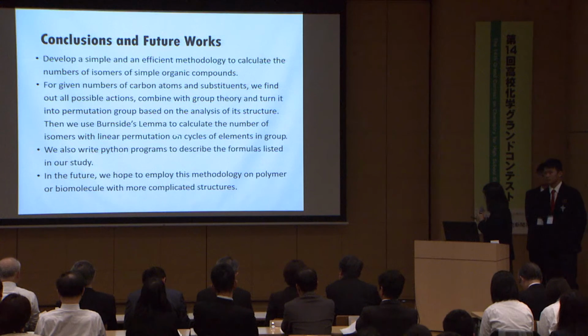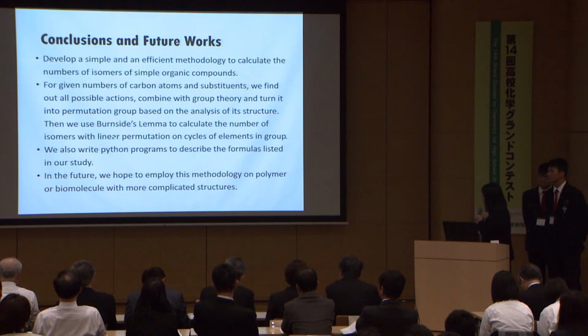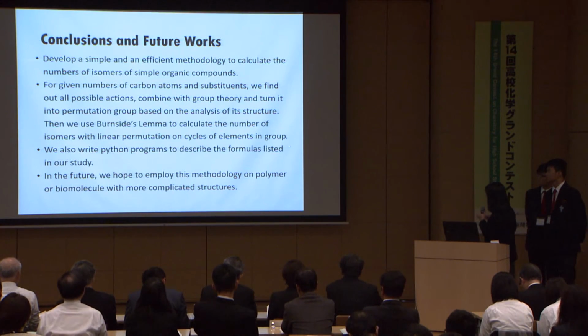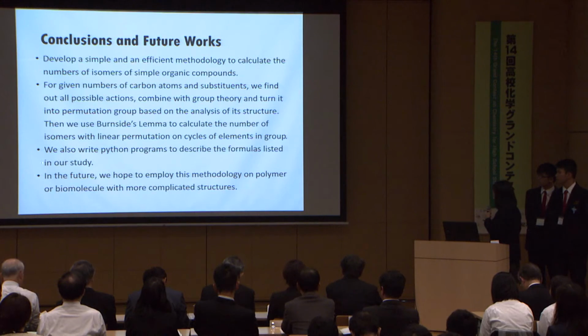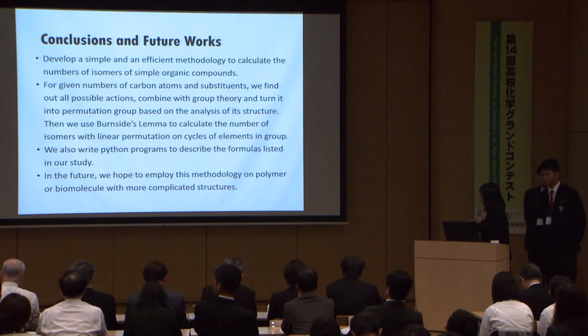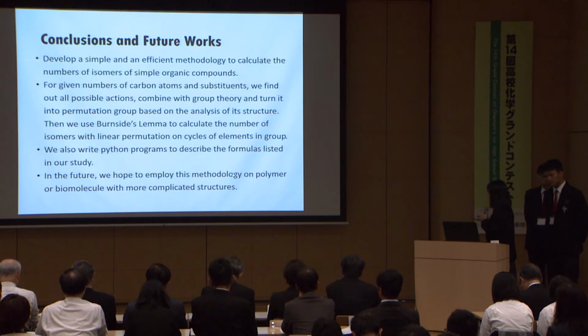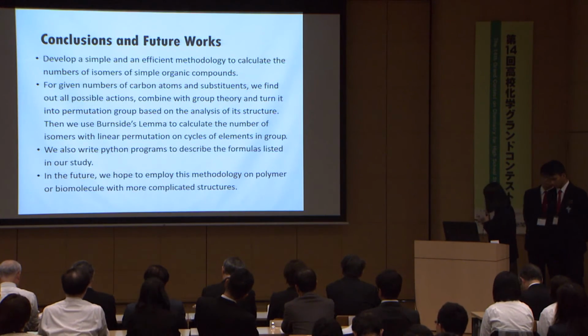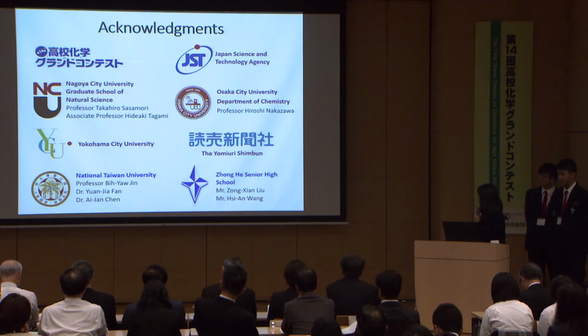Then we use Burnside's lemma to calculate the number of isomers with linear permutation on cycles of elements in the group. We also wrote Python programs to implement the formulas listed in our study. Finally, in the future, we hope to employ the methodology on polymers or biomolecules with more complicated structures. Thank you for listening.